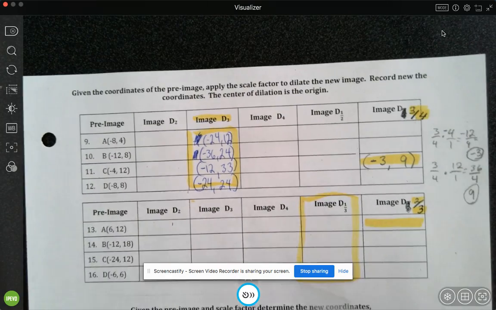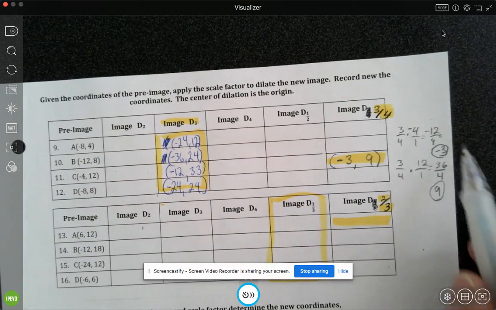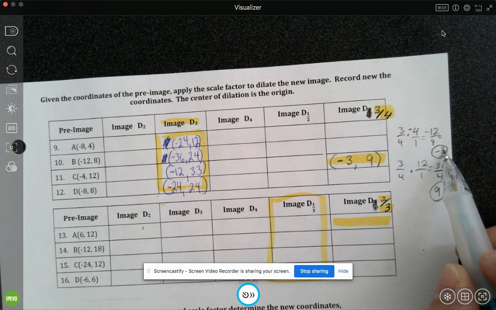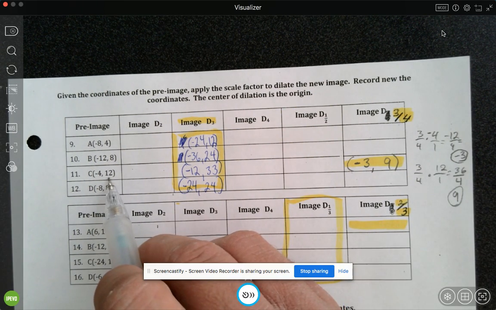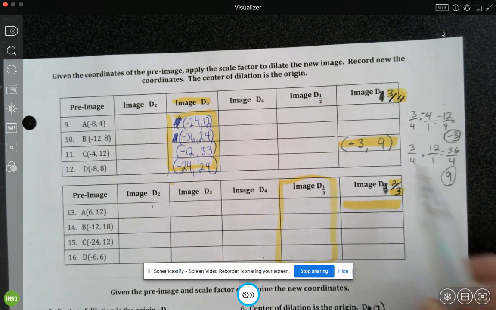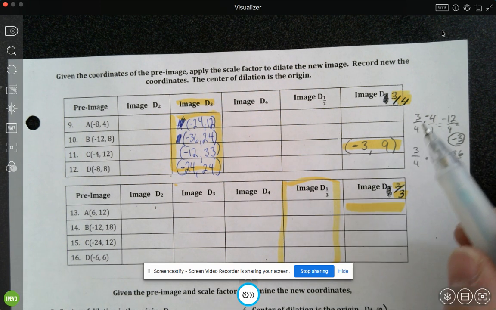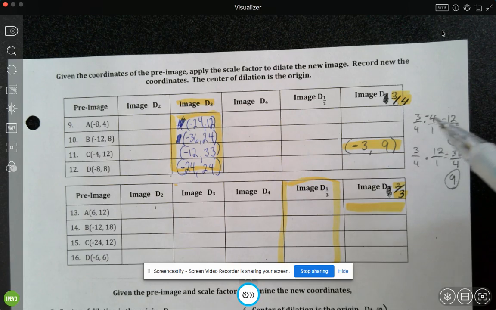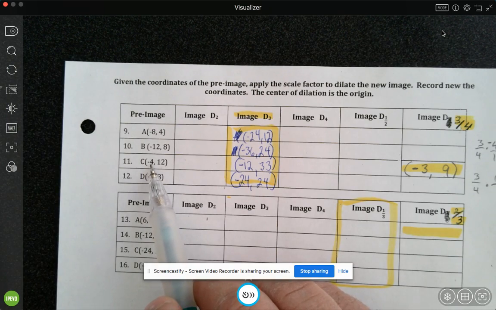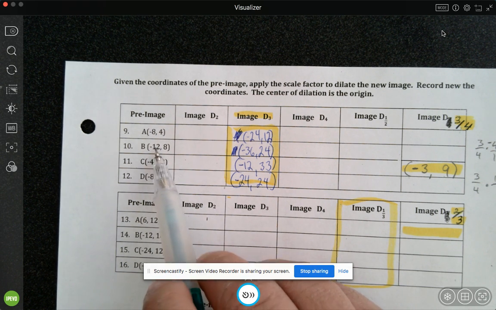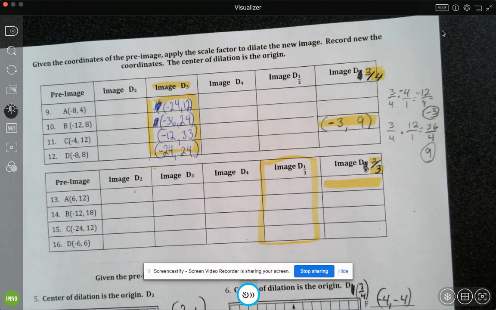So again, I took -4 times 3/4, and I got -3. And then 12 times 3/4, I got 9. So that's my coordinate. You're going to do the same thing, but you can repeat. I already multiplied for you 3/4 times 4, so you can use it there. I did 3/4 times 12, so you can use it there as well.